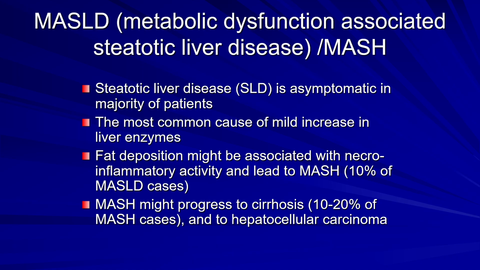We call it metabolic syndrome associated steatotic liver disease because it is associated with the metabolic syndrome, which is characterized by abdominal obesity, hyperlipidemia, hypertension, etc. Metabolic syndrome associated steatotic liver disease or metabolic syndrome associated steatohepatitis is also a marker for the presence of diabetes, hypertension, and vascular disease.